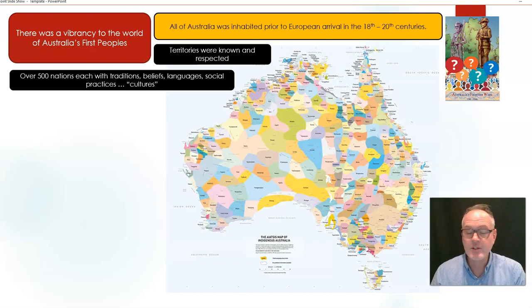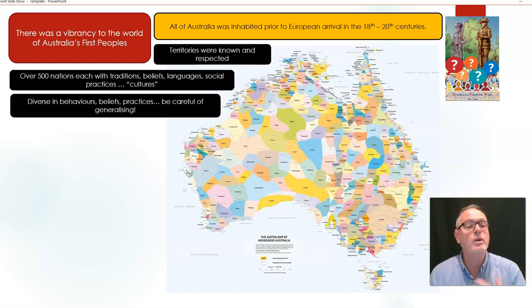There were some similarities, some huge differences. They are incredibly diverse. The behaviours, the way they lived, the initiation practices, the expectations of different genders, the foods they ate, the areas they frequented, the type of art they did, the type of housing they had, all of these varied from place to place.